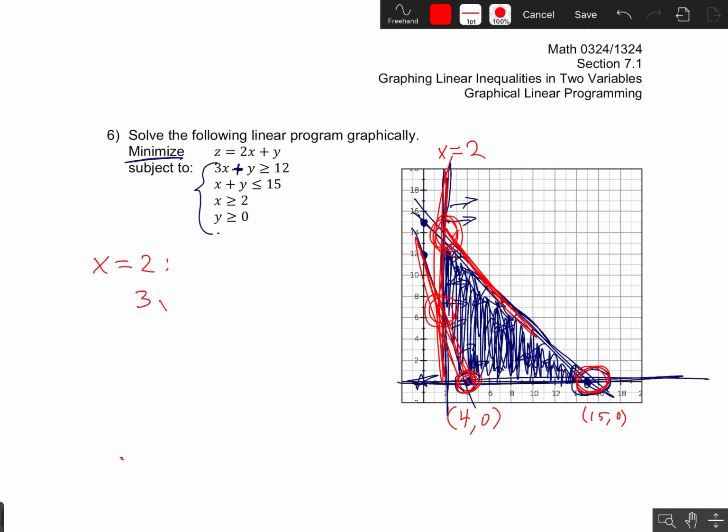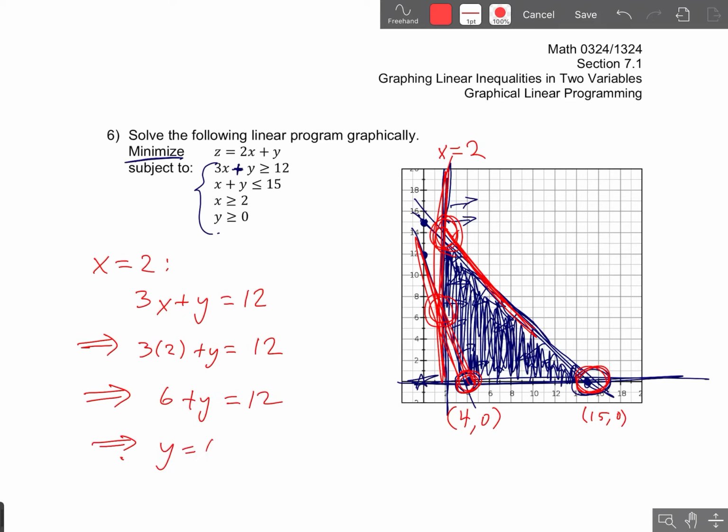For example, if we plug x equals 2 into that first boundary line, we get 3 times 2 plus y equals 12. That's 6 plus y equals 12, which means that y equals 6.